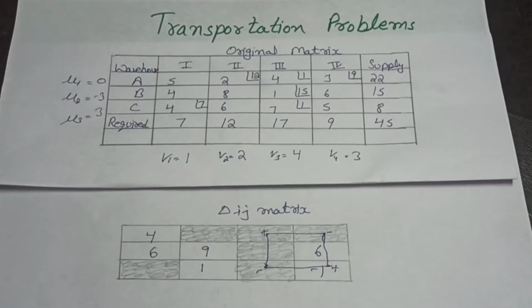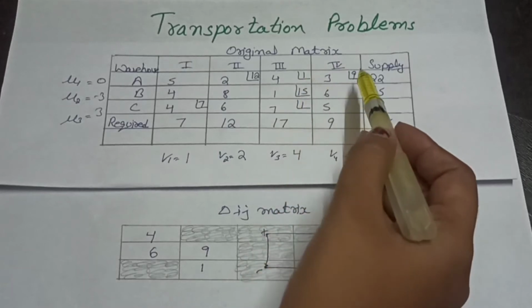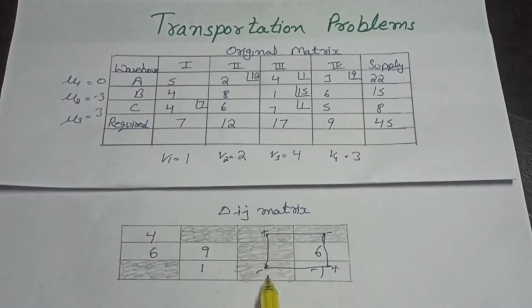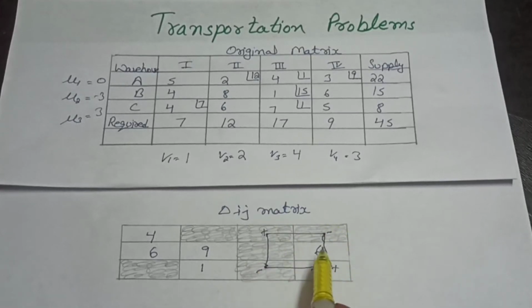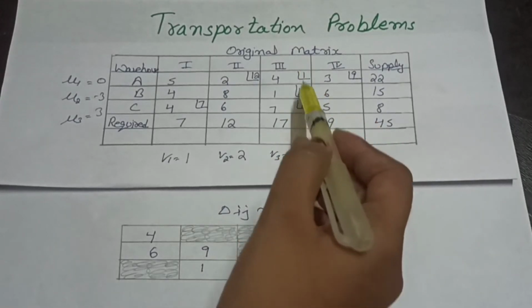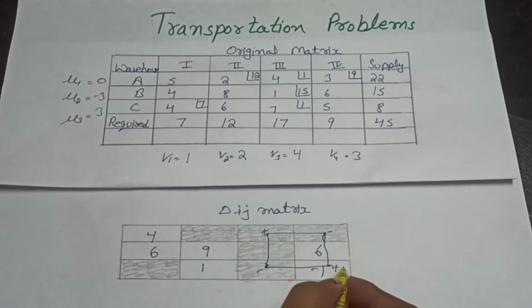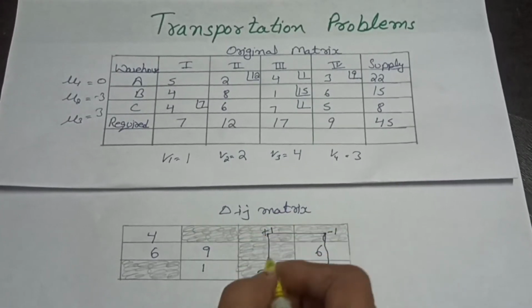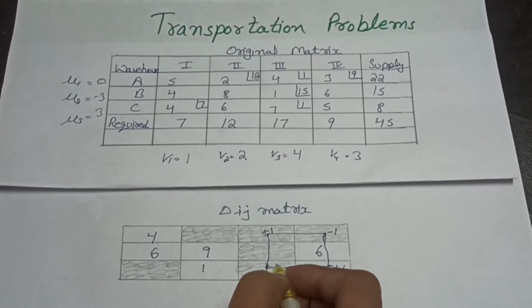Students, you can see in the original matrix we have allocations of 1, 9, and 1. These are the allocations, and 1 is the minimum value. So here we will write plus 1, minus 1, plus 1, minus 1.